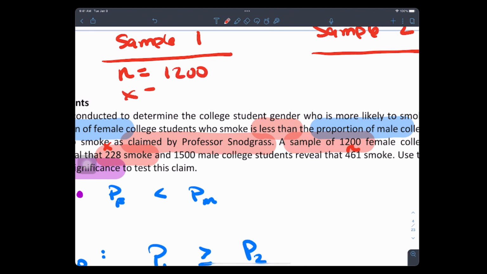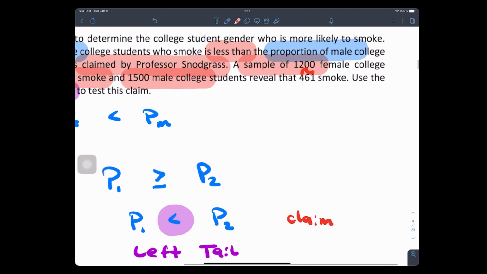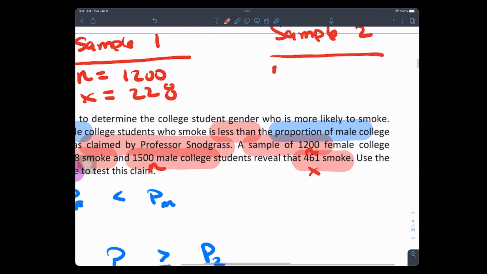What is X? 228. Is that easy? What does this say? 1,500 male college students reveal that 461 smoke. So this is N, and what is this? X. So 1,500 male students is the sample size. How many successes? 461.